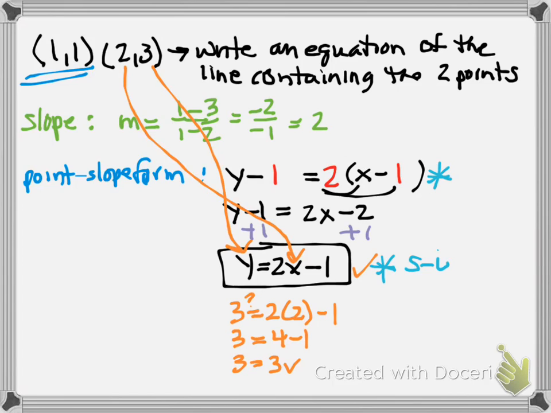Now, what if I wanted to write the answer in standard form? Now we have to remember what standard form looks like. So let's take this equation, and what do I need to do to put it into standard form? Carly? So rule 1 says, I need you to get x and y together on the left.